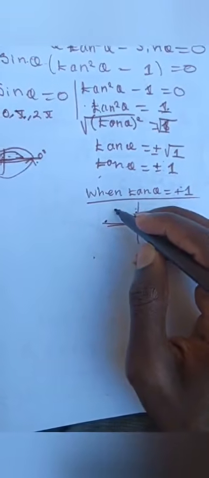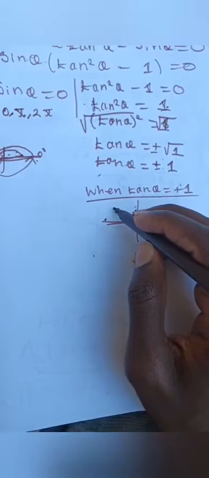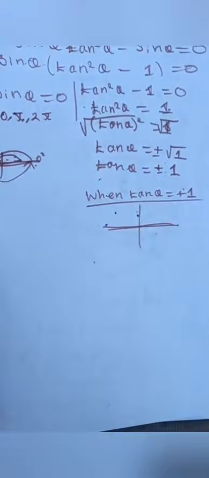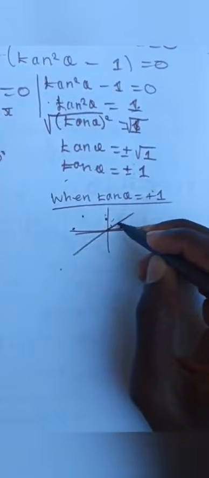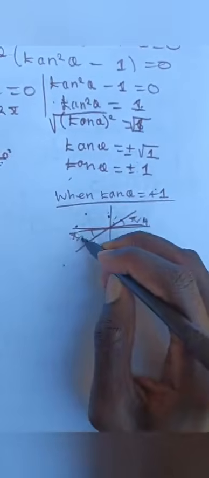Tan will give us 1 when we are having 45 degrees, since it's positive, we are focused on the positive quadrants. In radians, we write 45 degrees as pi over 4. So here I'll say pi over 4.